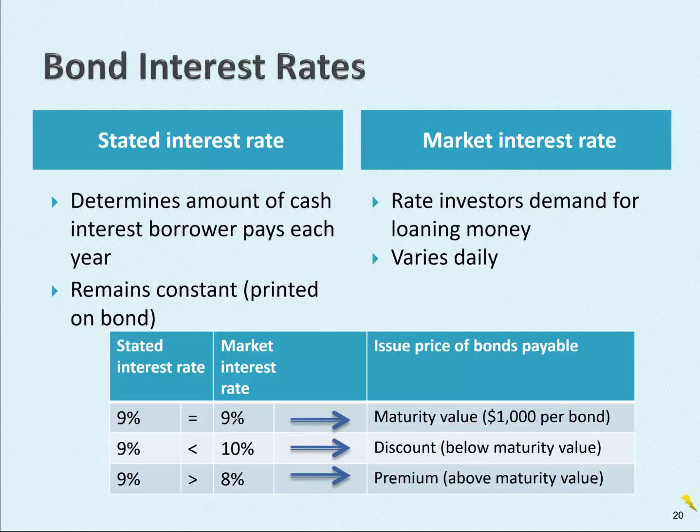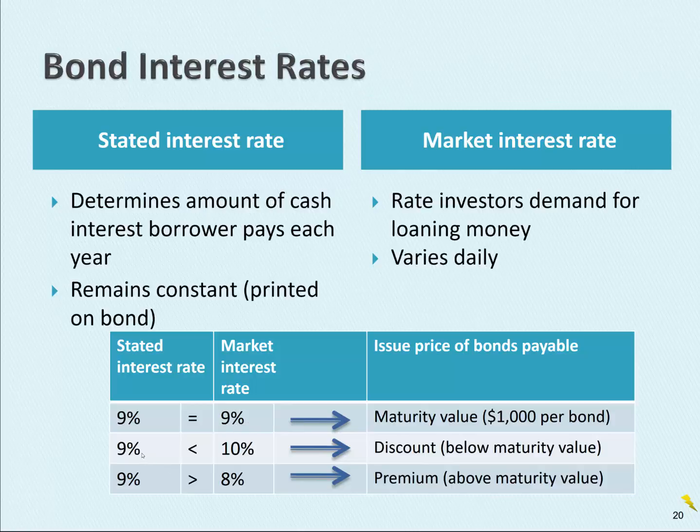So in this scenario where the stated interest rate is equal to the market interest rate, the maturity value is the price that people are willing to pay. In other words, people will pay exactly $1,000 per bond. This scenario is not all that likely to happen.